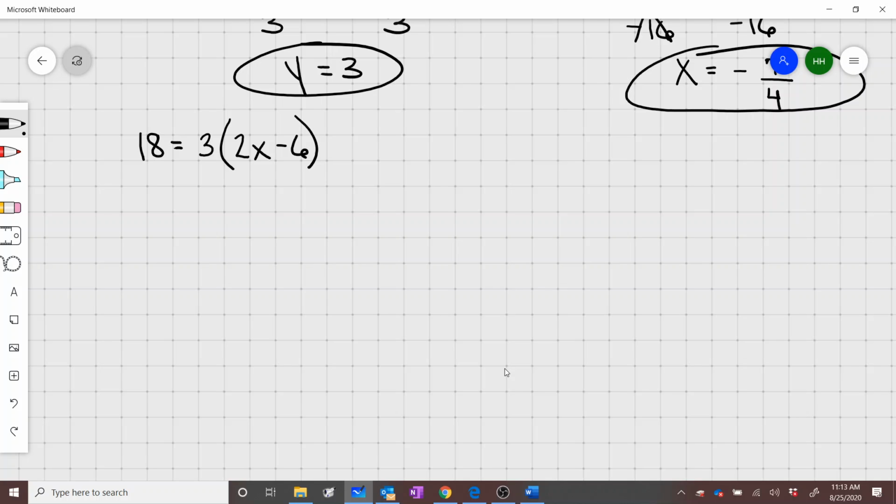Now your distributive property is on the right hand side of the equal sign, but it doesn't change anything. You still have to distribute this 3 to the 2x and to the negative 6. So our 18 is equal to 3 times 2x, which is 6x, and 3 times negative 6 is negative 18.